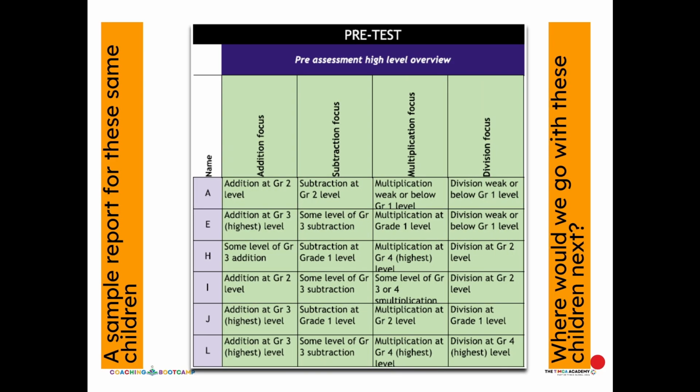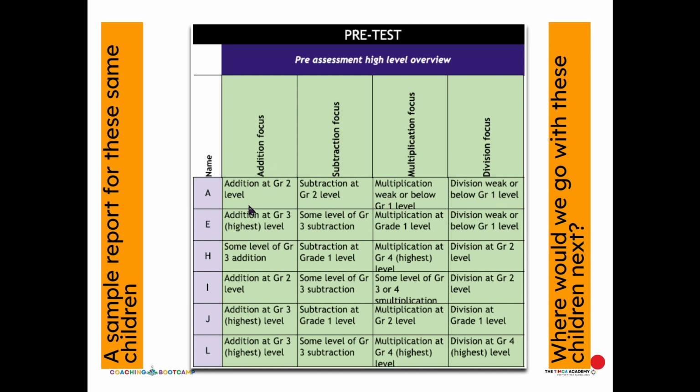So this is a sample report that we could give to the coaches. Now, what it doesn't give them is any of the scores. It just says, here's your child, and this is where you should be focusing.